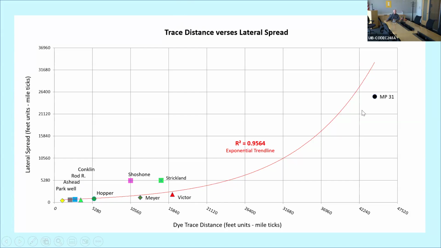Our milepost 31 trace is way out here by itself, but we had really excellent data for the lateral dispersion, so it's a really high quality data point, even though it's isolated from the other traces. And an exponential trend line shows an R² value of 0.95 correlation between lateral spread and the distance of the trace.